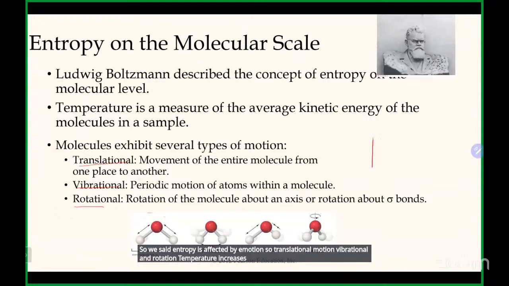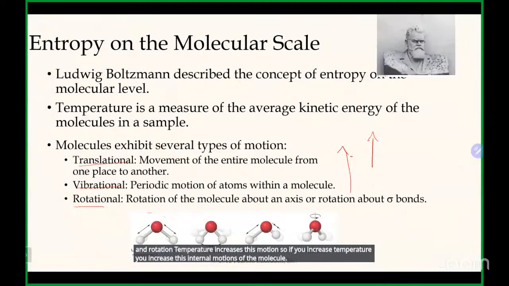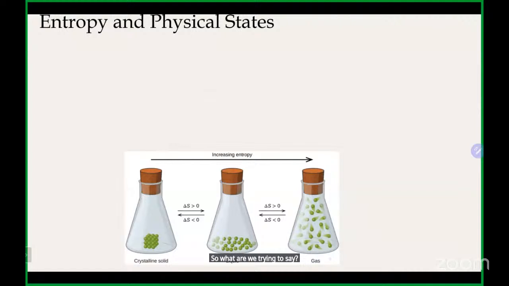So if you increase temperature, you increase these internal motions of the molecule. So what are we trying to say? In a gas, your motions are freer, more than in a liquid, more than in a crystalline solid.